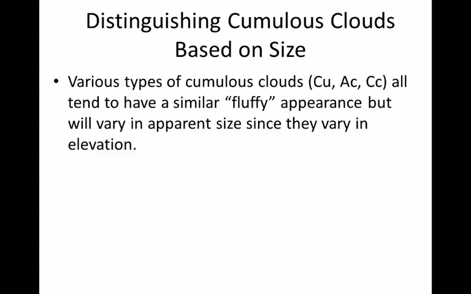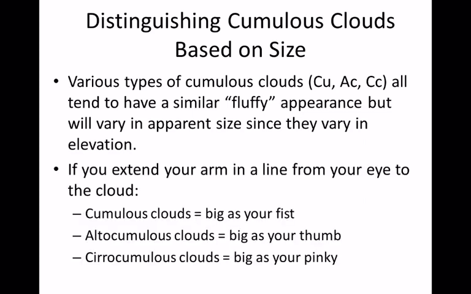Now, one thing before I show you the 10 cloud types, okay? The fluffy cloud types, there's a little device here to know if it's fluffy, is it a low cloud, or is it a fluffy middle cloud, or is it a fluffy high cloud? And it goes like this. Basically, you extend your hand, and if it's really pretty big, about the size of your fist, then that means it's a low cloud.